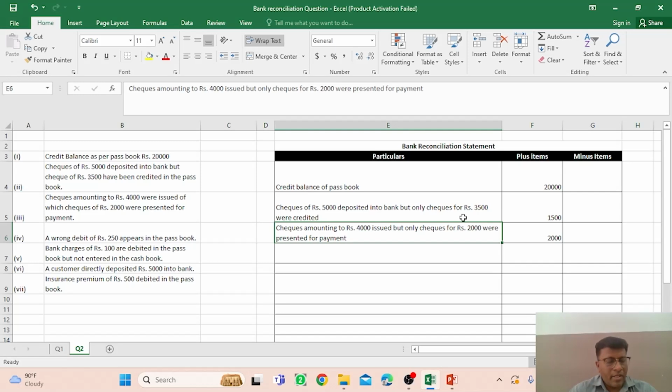And the fourth transaction is a wrong debit. Okay, a wrong debit of rupees 250 appears in passbook. And what about the debit balance of passbook? If any amount is debited in passbook, it means the bank balance is reduced, no doubt.